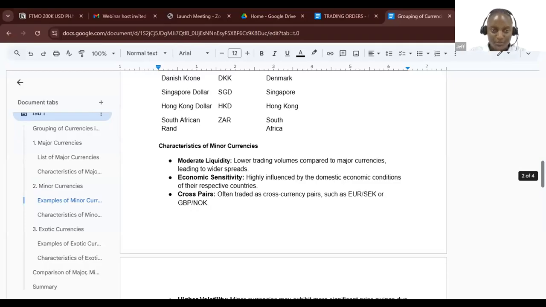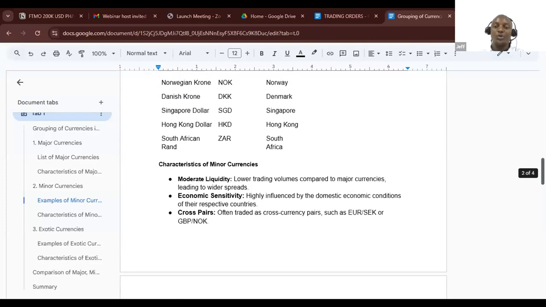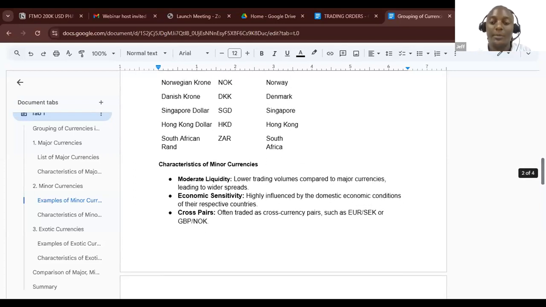Then you have cross pairs. They are often traded as cross-currency pairs, such as the Euro SEK or GBP NOK. That is the British pound and the Norwegian krone, or the euro and the Swedish krona. Sometimes even the USD SEK.